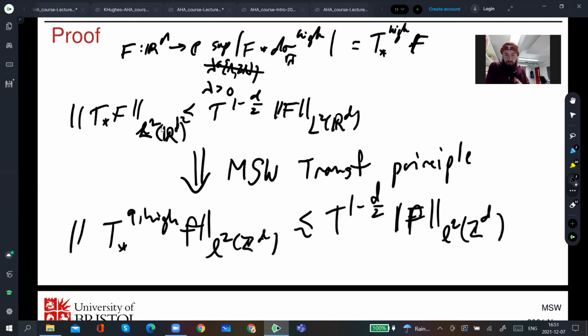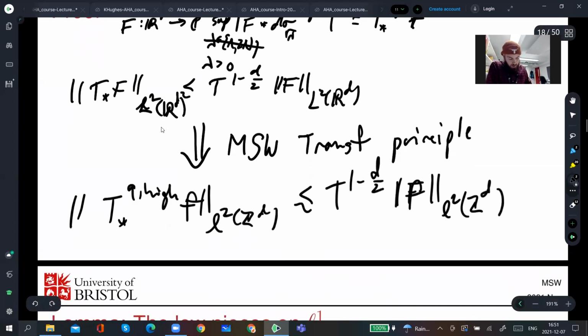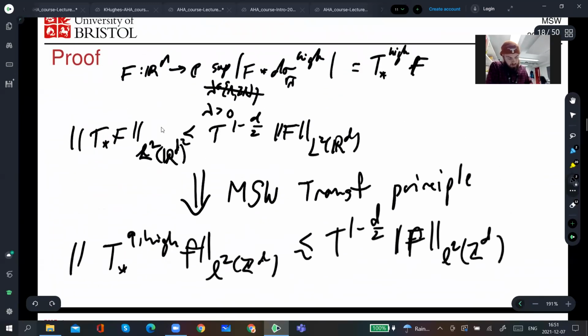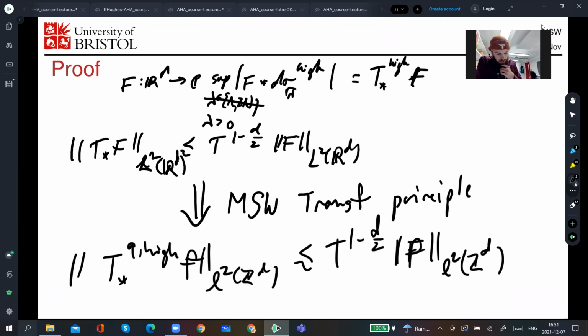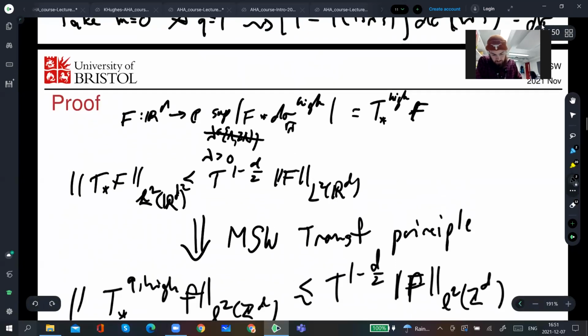Great, but my function here was actually S_{a/q} of F, right? So, oops, I've not given myself enough room. So let's move over here and say, okay.